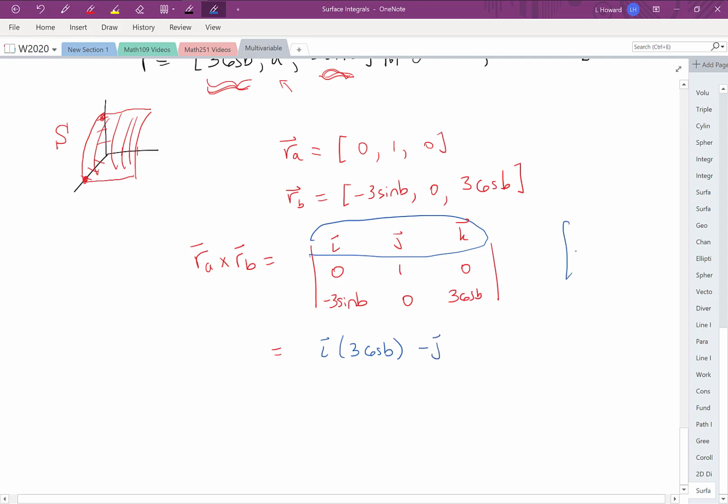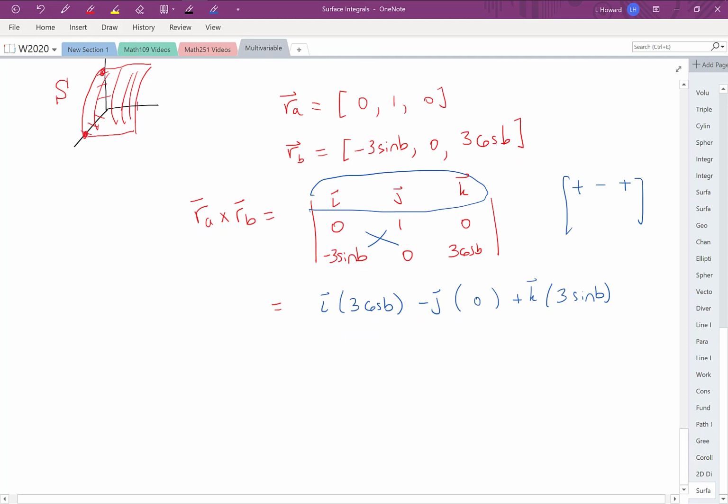Remember, there's always the sign change for the j term, so minus j times, well, that's going to be 0, and then plus k times 3 sine b, because we're going 0 minus a negative 3 sine b gives us a plus 3 sine b. Okay, so if we write that back into component notation, our cross product looks like 3 cos b, 0, 3 sine b.